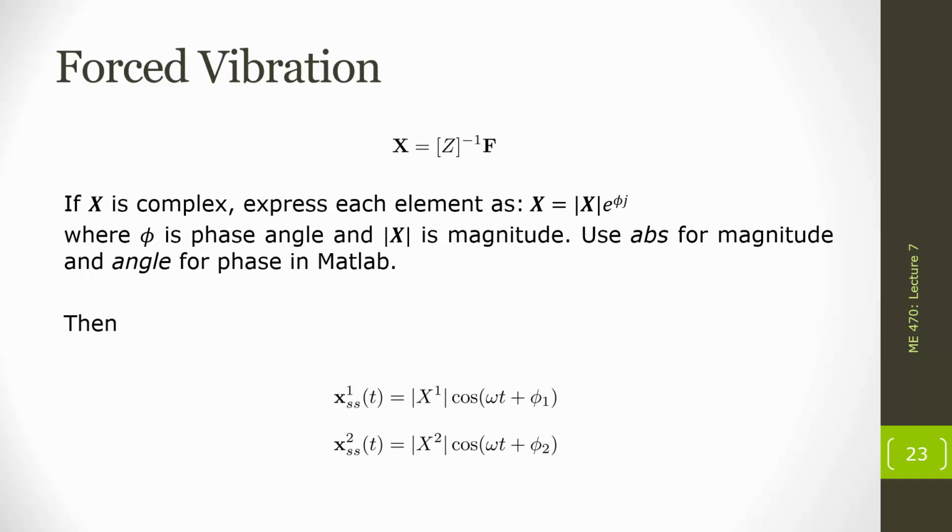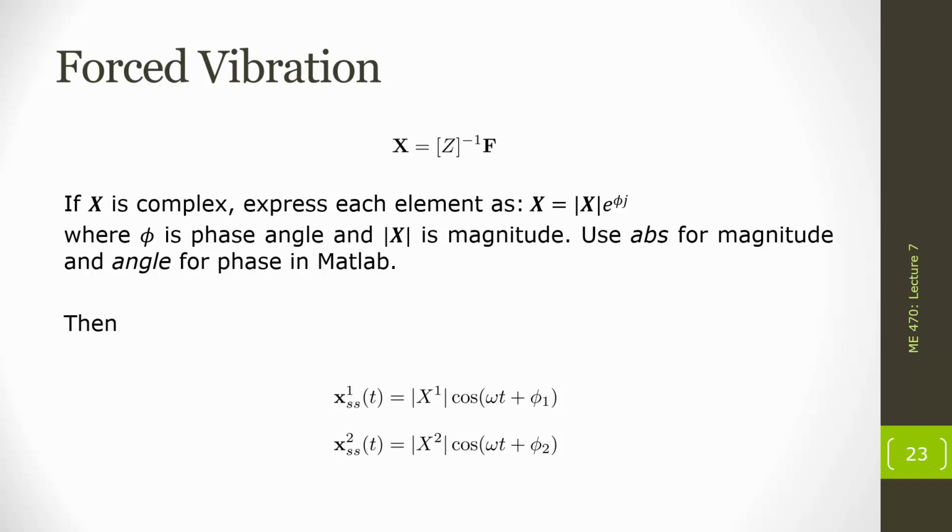And then the same idea for the steady state solution to our second degree of freedom. It's going to be the magnitude of the second element in x times cosine of omega t plus the angle of the second element in x. If we look at what the steady state solutions look like, it is just like what we saw when we were working with Bode diagrams in system dynamics: at steady state, the behavior of our outputs is going to have the same frequency as our driving frequency, omega in this case, but it can have a different magnitude and a different phase than our input.